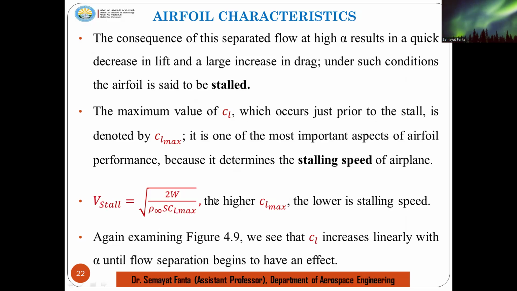So this is the stall velocity. The higher the CL max, the lower the stalling speed, as we can see. V stall and CL max have an inverse relation.